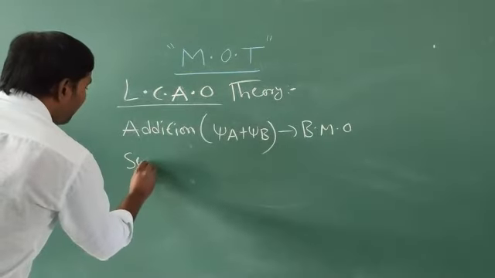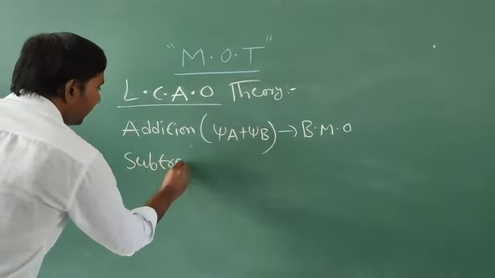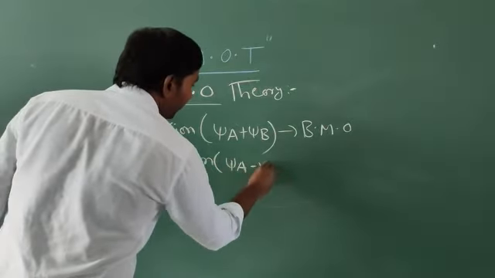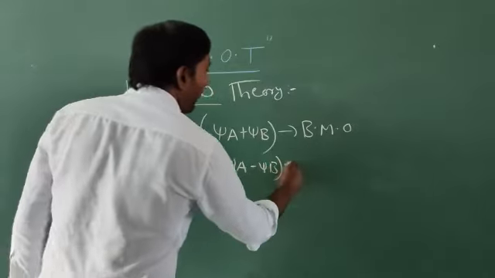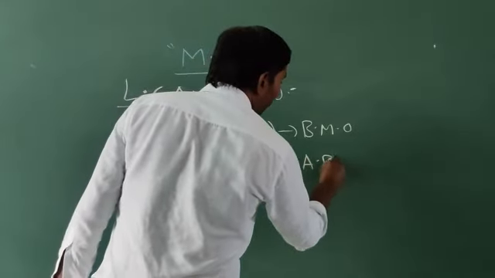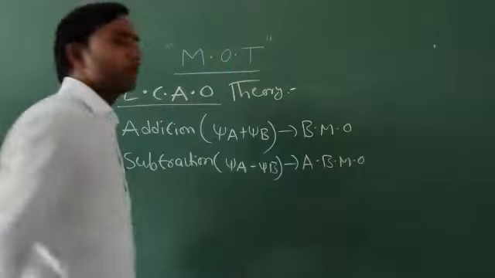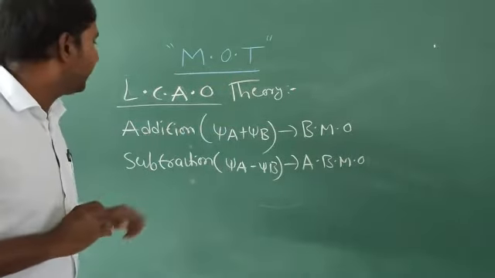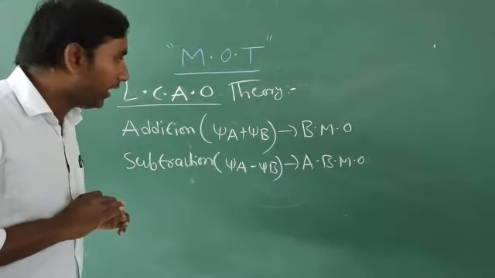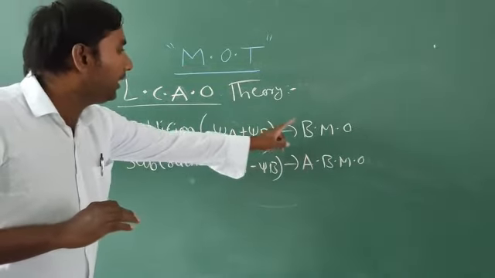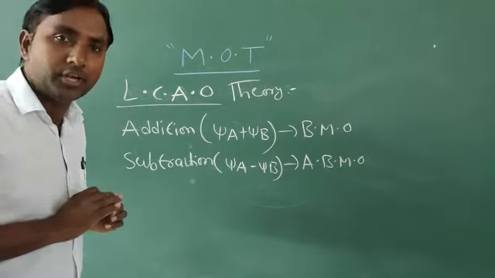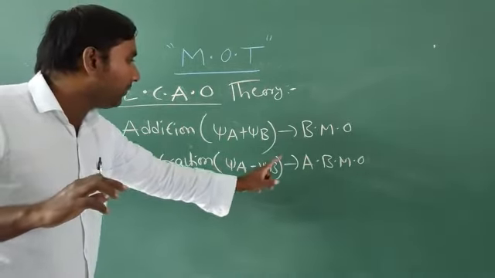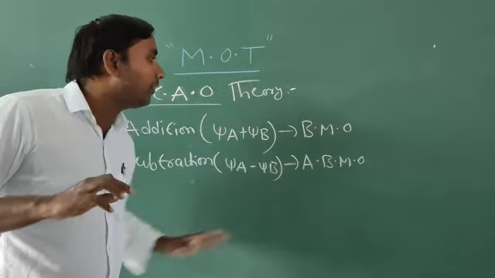Subtraction, psi A minus psi B, means anti-bonding molecular orbital formation.